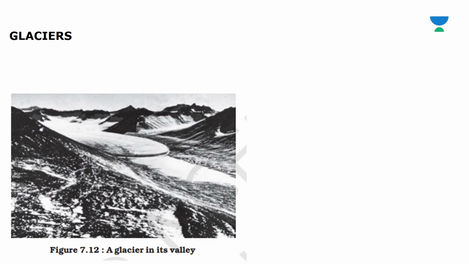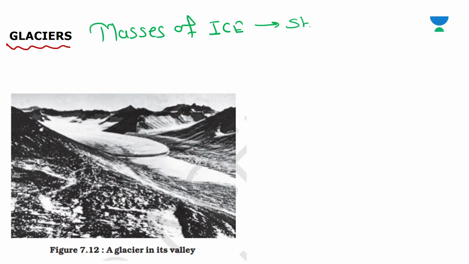Now friends, the masses of ice moving as sheets over the land or as linear flows down the slopes of mountains in broad trough-like valleys, like mountain and valley glaciers.